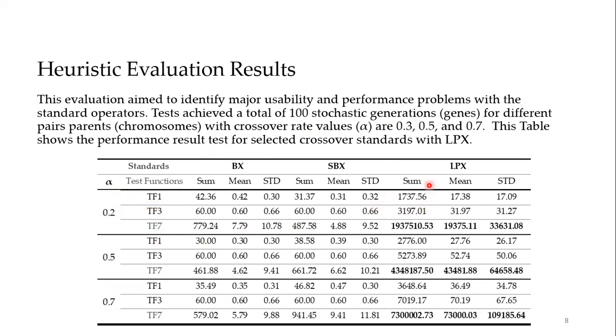You can see that LPX in maximization outperforms SPX and BX, and in alpha 0.7 again it outperforms, and in alpha 0.5 and 0.7 it also outperforms. So these are higher numbers in sum, mean and standard deviation than BX and SPX.